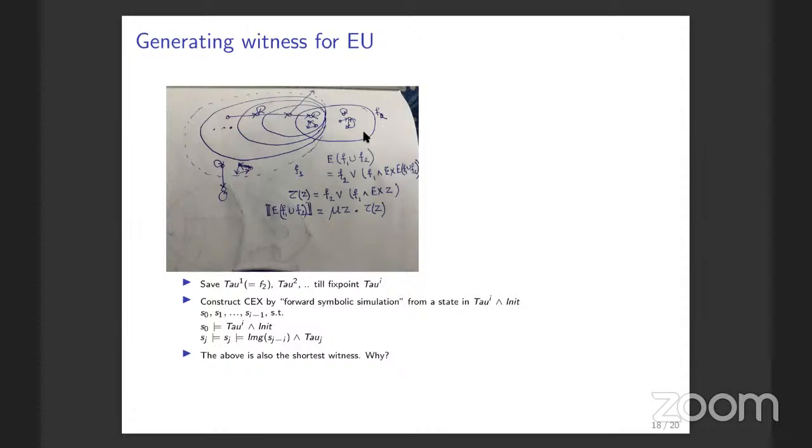If that's an F2 state, you have a witness. If not, you'll have to pick an F1 and then compute its successor that is in tau of I-1, and so on. So this is something that we discussed.